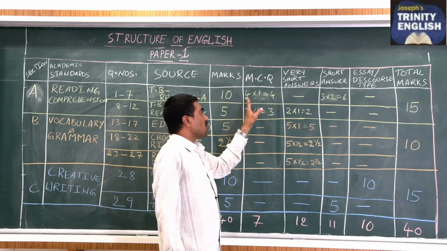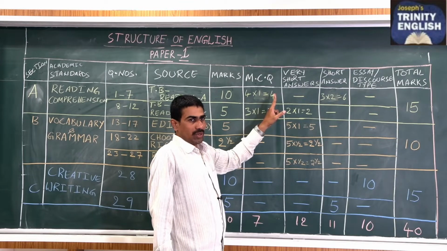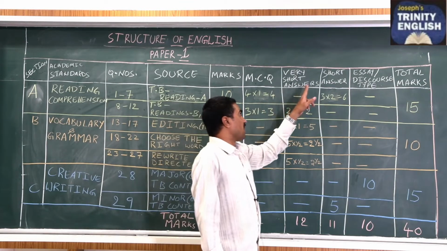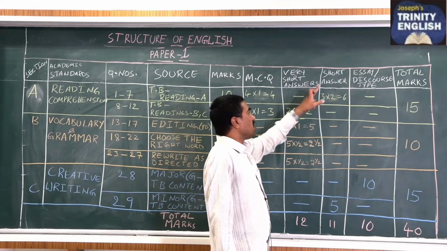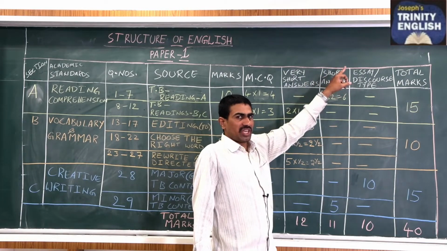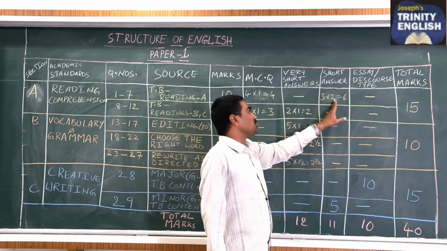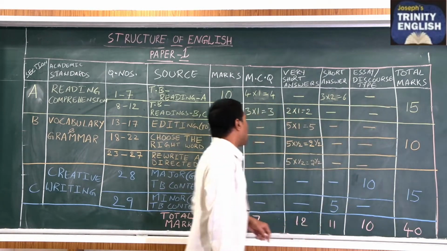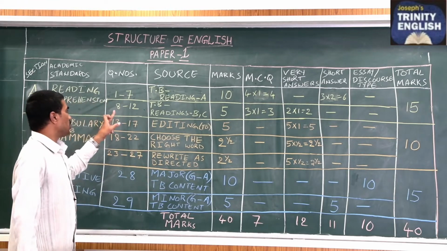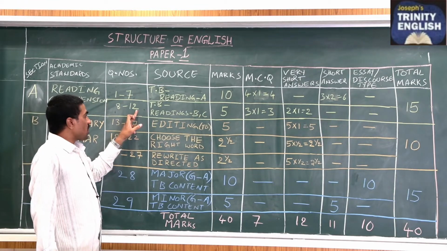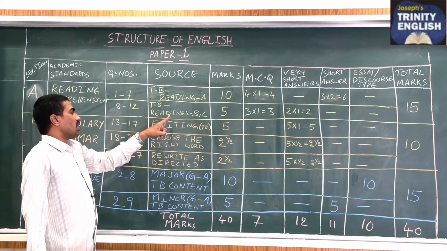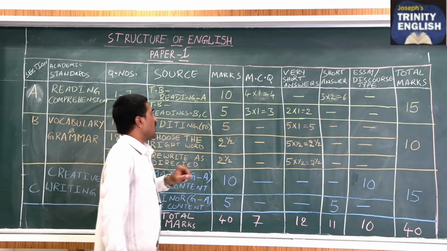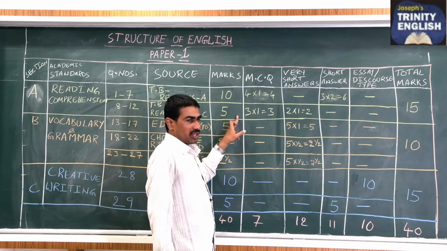And here question numbers 1 to 4 are multiple choice questions, and we do not have any very short answer questions. And here we have 3 short answer questions, 3 twos are 6 marks, and we do not have any essay question. And from 8 to 12, we have again questions from the textbook, covering readings B and C in each unit, and 5 marks are allotted totally.